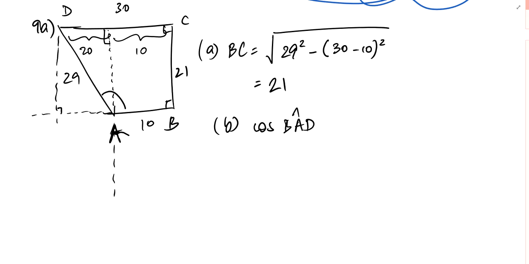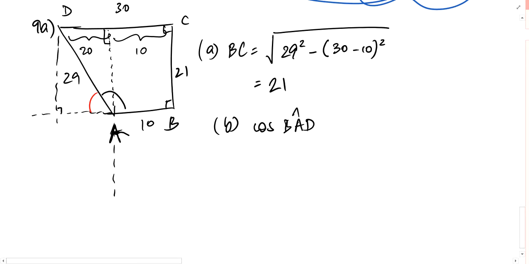Then you go 21 and 21 and 29. Which angle are you looking at? Listen to what I said earlier on. When you have this type of question, cosine BAD, where BAD is obtuse, I want you to find another angle that is adjacent to it, and they form a straight line. So where is the angle that is adjacent to BAD on a straight line? This one.